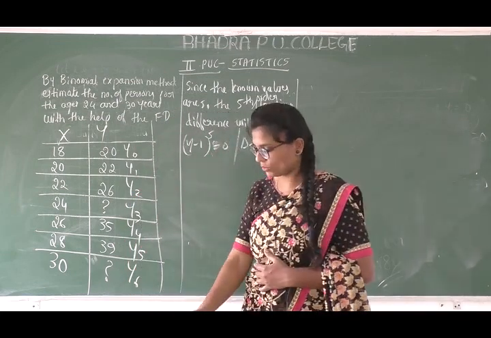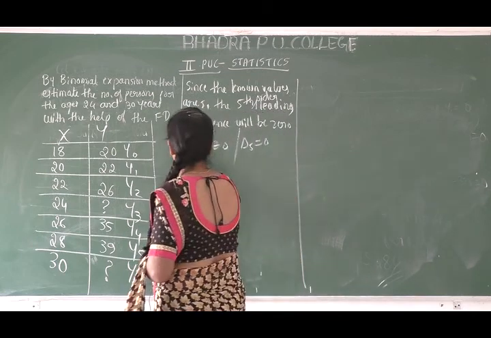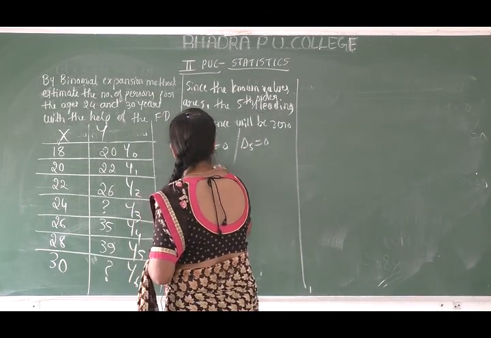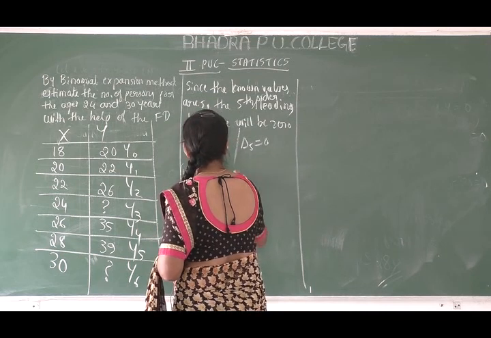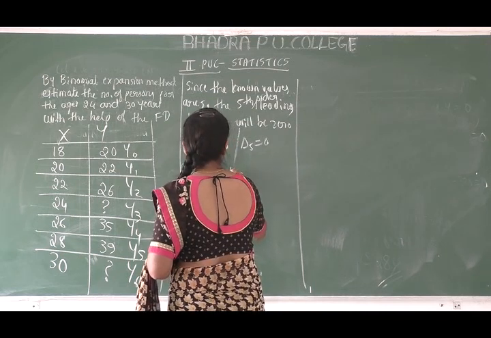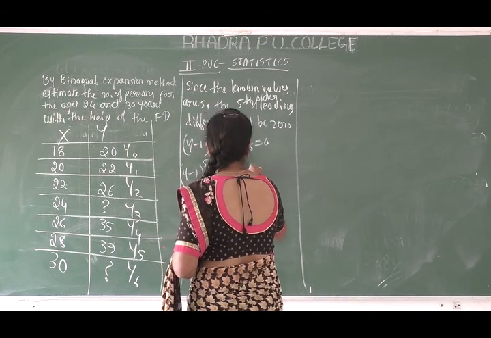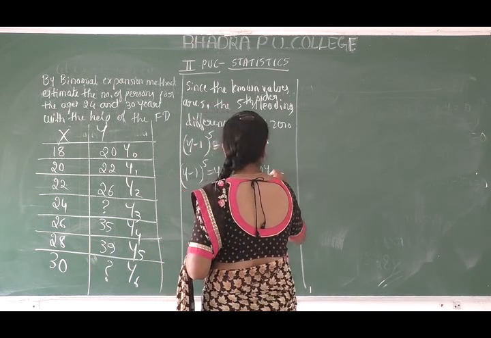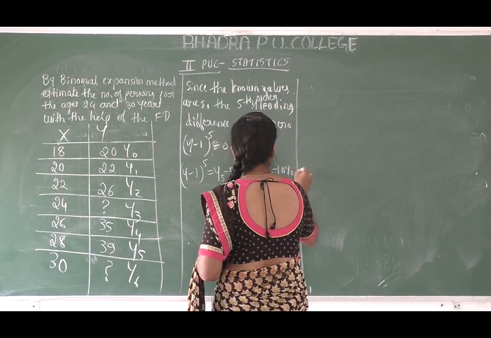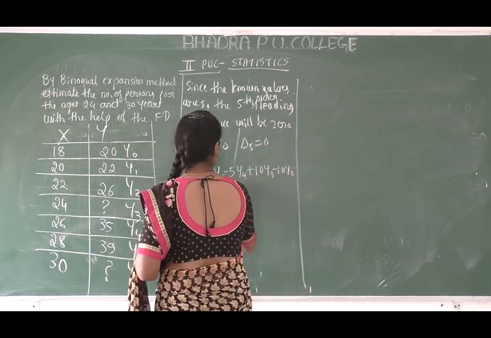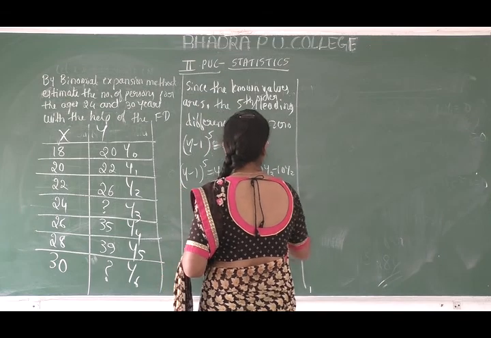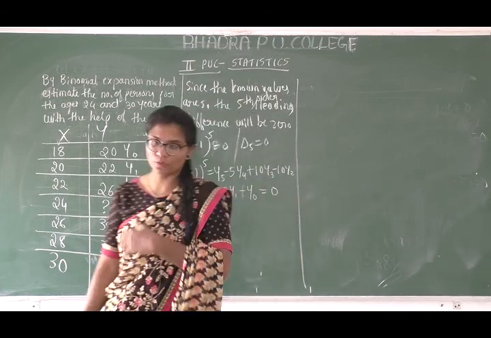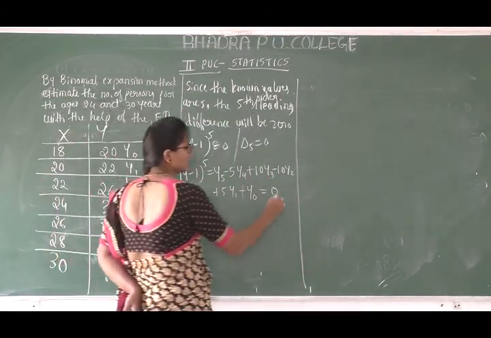What is the formula? y5 minus 5y4 plus 10y3 minus 10y2 plus 5y1 minus y0 is equal to 0. Call it equation number 1.